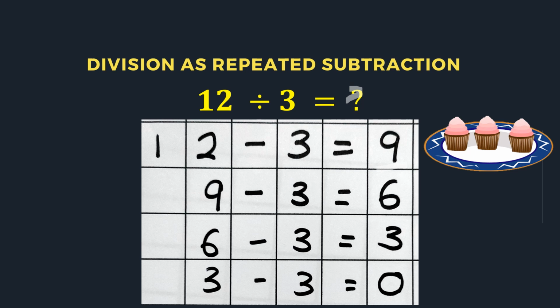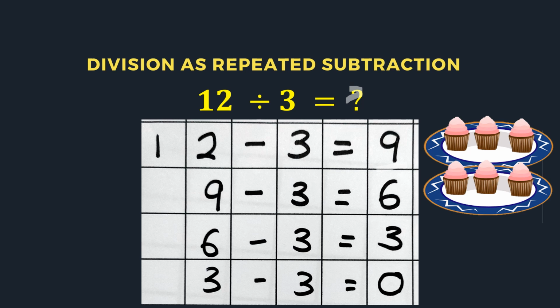From 12 cupcakes, we take away 3 cupcakes and put them in a plate. When we take away 3 cupcakes, that means we already do a subtraction. We subtract 3 and are left with 9 cupcakes. From the 9 cupcakes left, we take another 3. That means we subtract 3 and are left with 6 cupcakes.